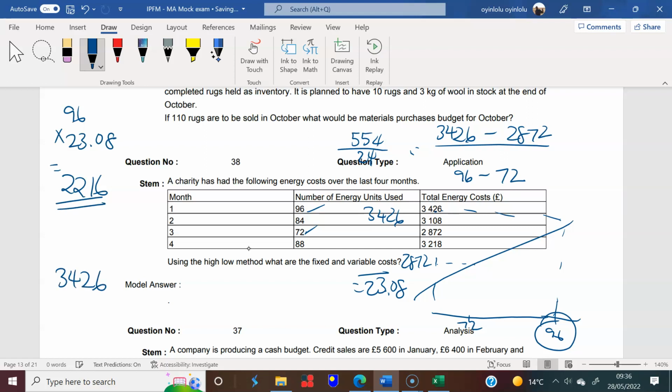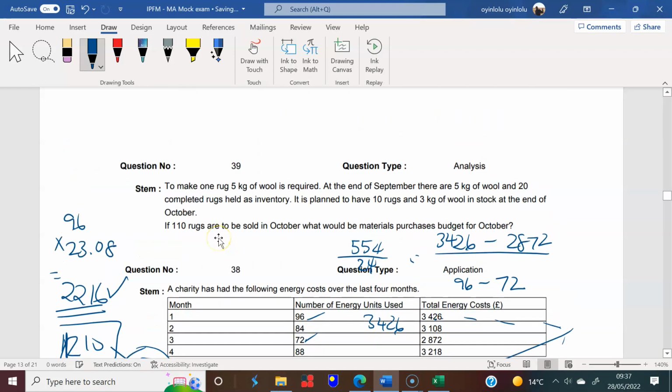So if I subtract that 3,426, you get a fixed cost of 1,210. So your fixed cost is 1,210. Your variable cost is 2,216. Your total cost is 3,426. Right, good.